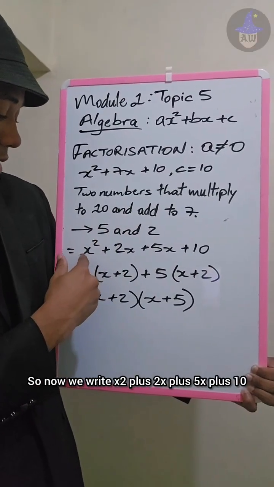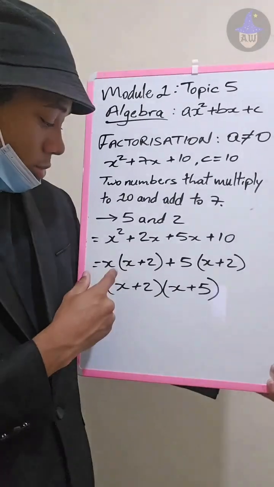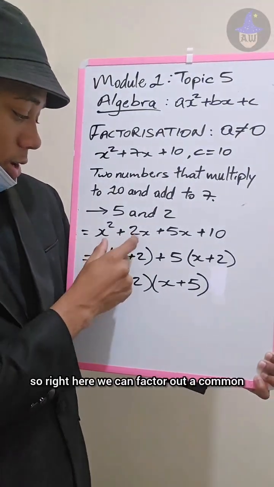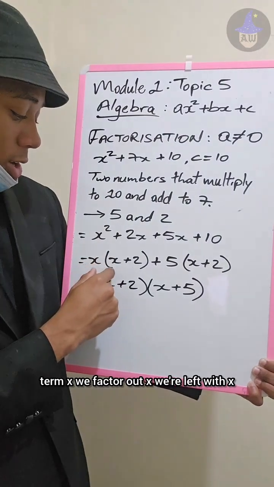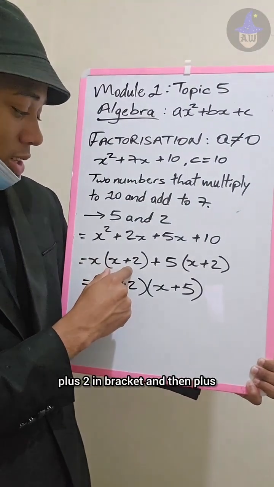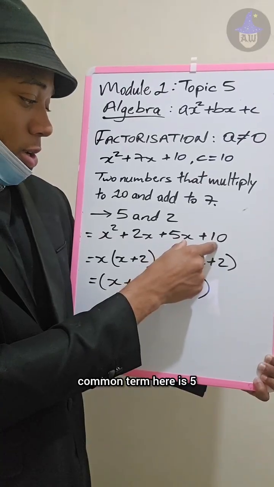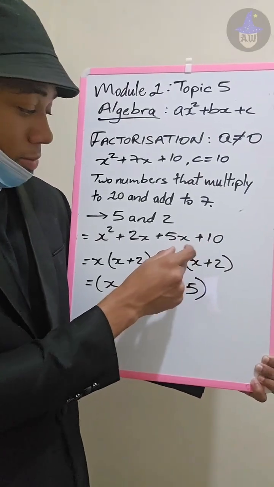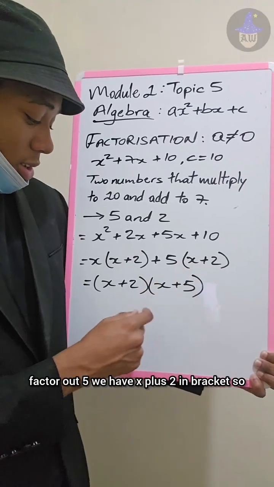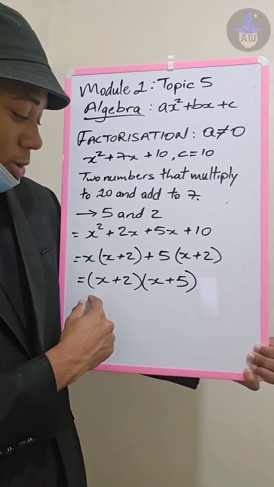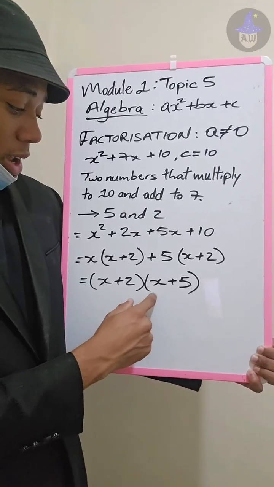So now we write x squared plus 2x plus 5x plus 10. So right here we can factor out a common term x. When we factor out x, we're left with x plus 2 in bracket and then plus. Common term here is 5. Factor out 5, we have x plus 2 in bracket. So when we factorize this, we get x plus 2 and x plus 5.